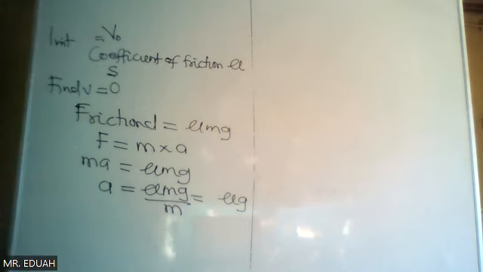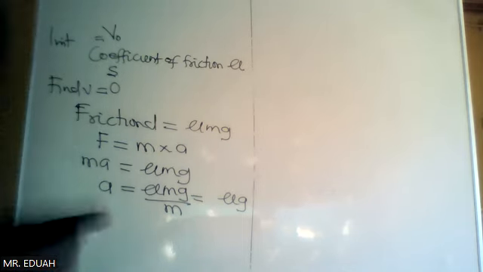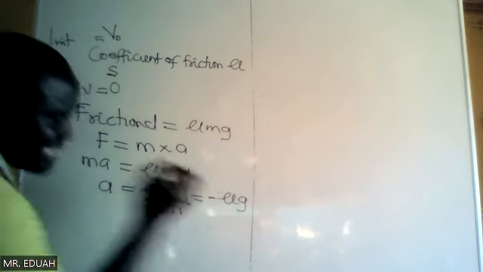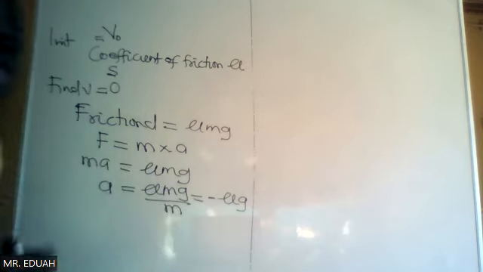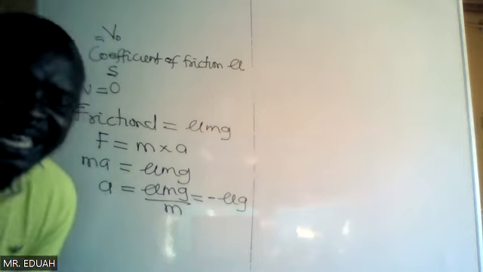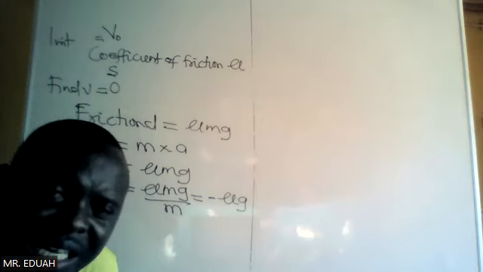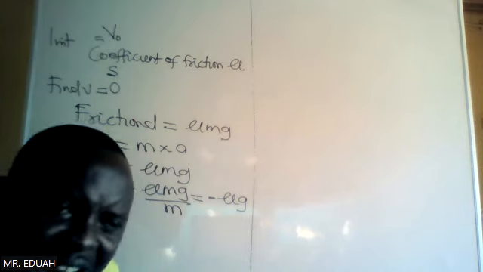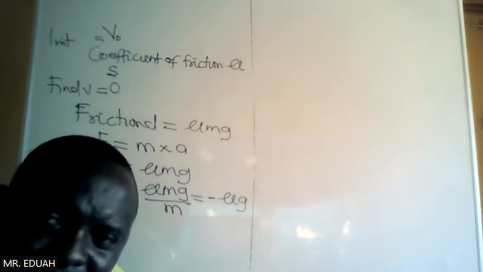Exactly. So, class, it is a deceleration. This acceleration is minus because you are told that the body moves with the velocity v naught, and then friction opposes it till it comes to rest. When it comes to rest, the final velocity has decreased to what?